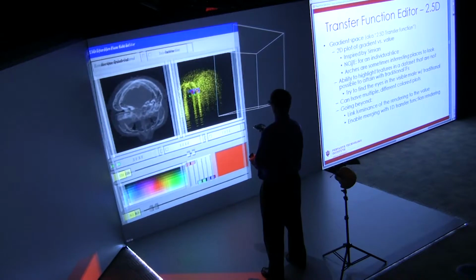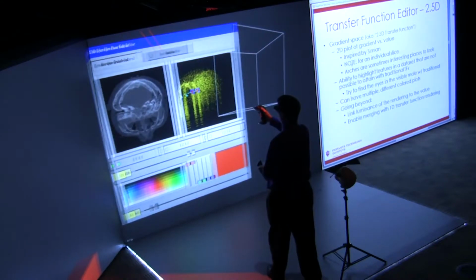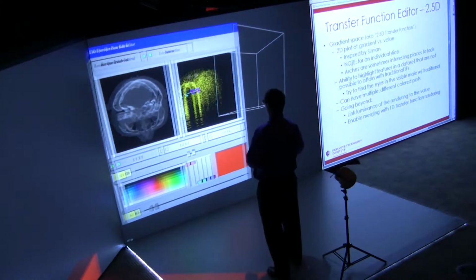I don't recall it being that slow before, though. Oh, let me put it in interactive mode. There we go. Interactive mode is doing intelligent downsampling, so that things will be a little bit more smooth.